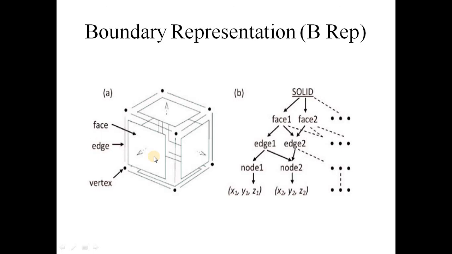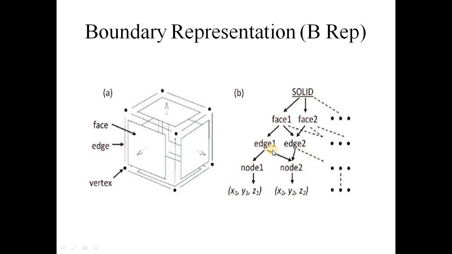You can see there are 4 vertical faces and 2 horizontal faces, so a total of 6 faces. Then how many edges are there? 1, 2, 3, 4, similarly 4 on the back side and 4 sideways, so a total of 12 edges.